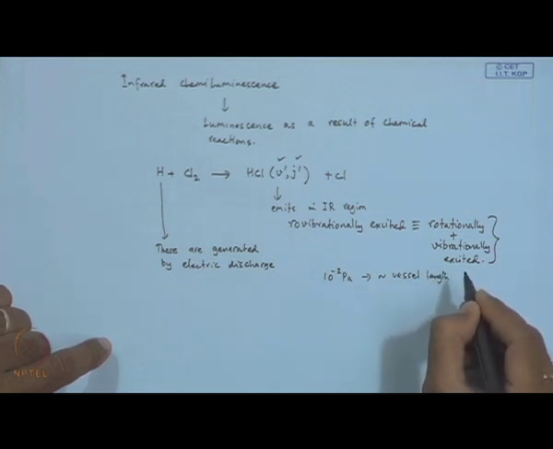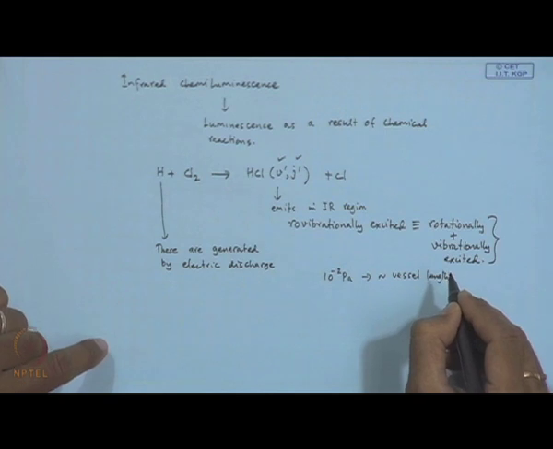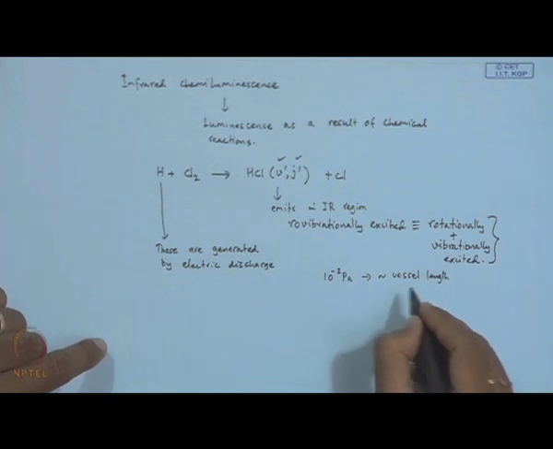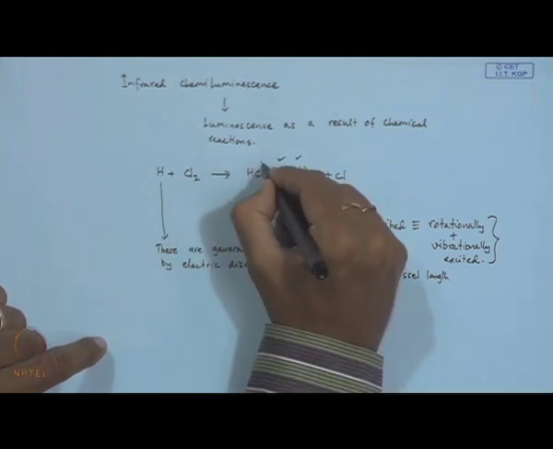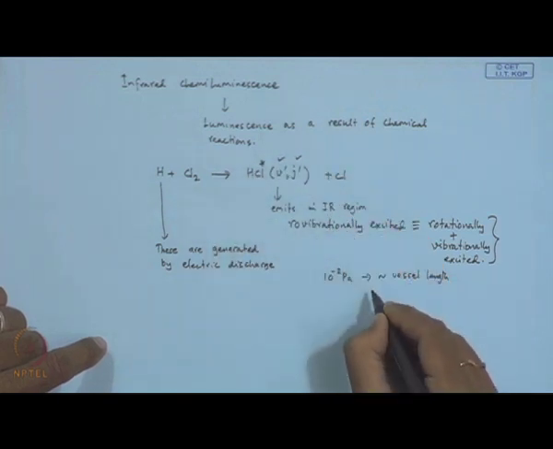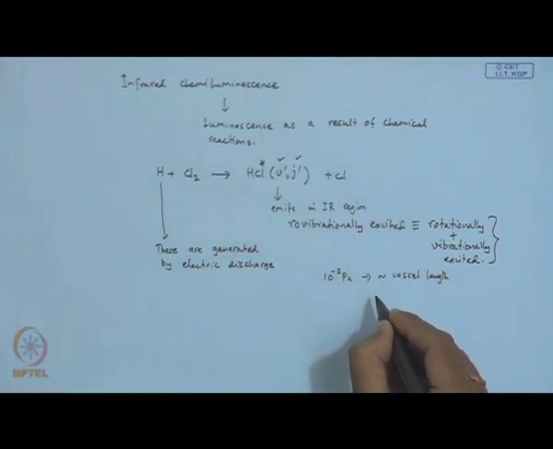And HCl, you can write as HCl star, hits the wall, sticks, and then it is deactivated before any secondary collision, okay. And IR emission you have to record in an IR emission spectrometer.